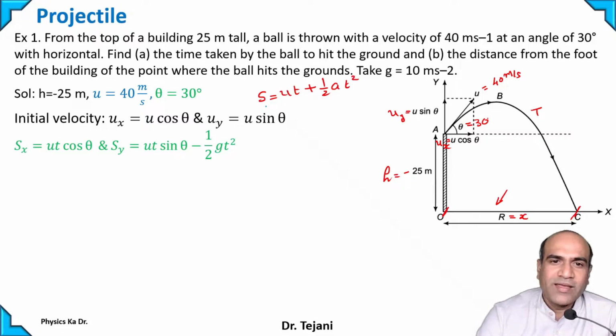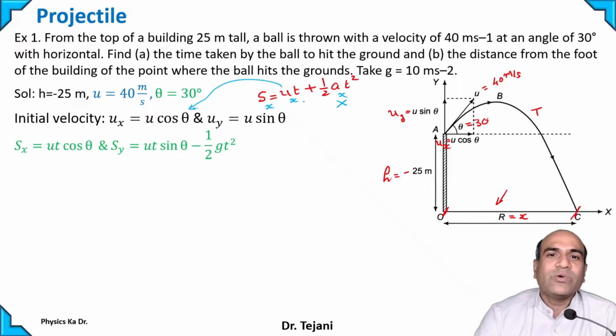You can take Sx, Ux, and A. When we talk about horizontal acceleration, it is always 0. Ux, we already know is equal to U cos theta. So Sx becomes U t cos theta. So this equation is mentioned here: Sx is equal to ut cos theta.